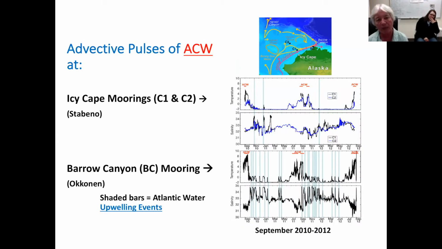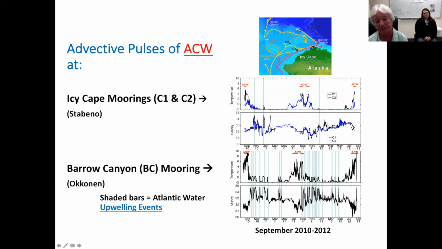As you follow that pulse of water north, this comes from moorings from Phyllis Stabeno and Steve Okinen. Here are Phyllis's moorings off Icy Cape, C1 and C2. The data are reflected here, C1 in black and C2 in blue. And then Steve's mooring right here along the edge of Barrow Canyon. And all this figure aims to show you is the pulsive nature of the Alaska coastal water as it comes by the moorings.